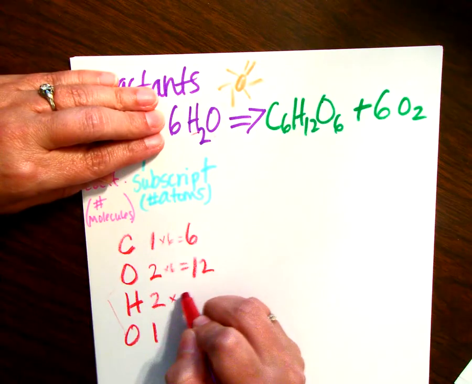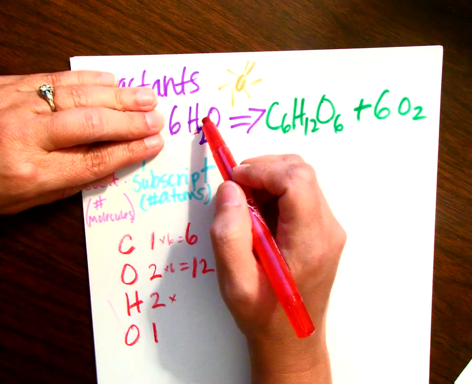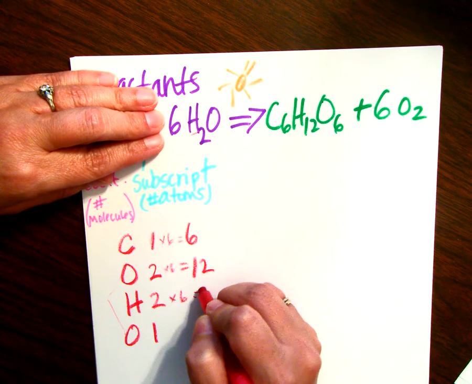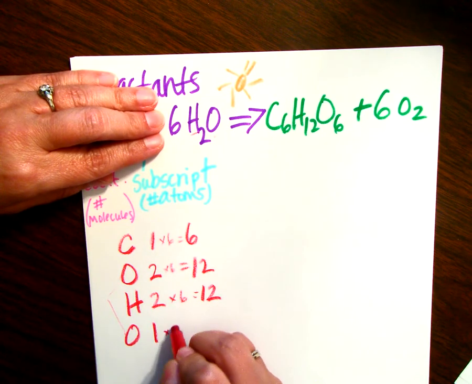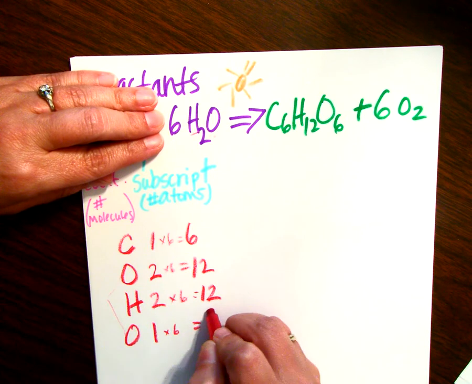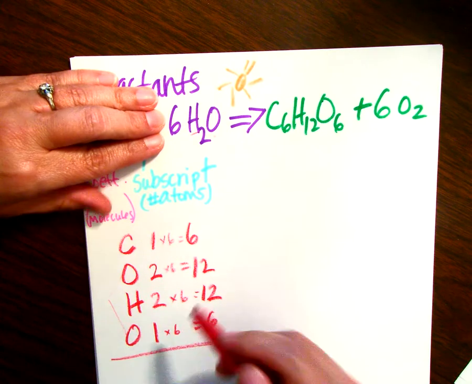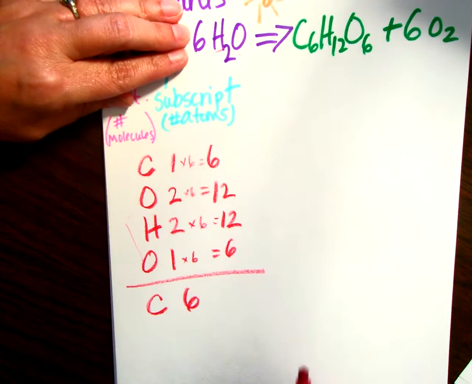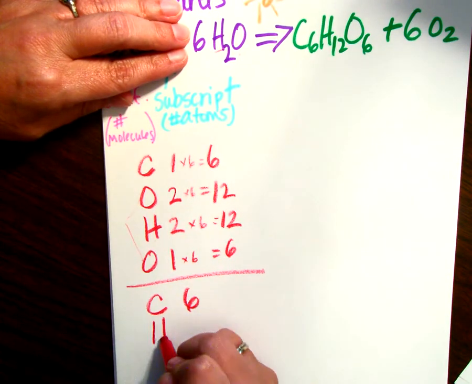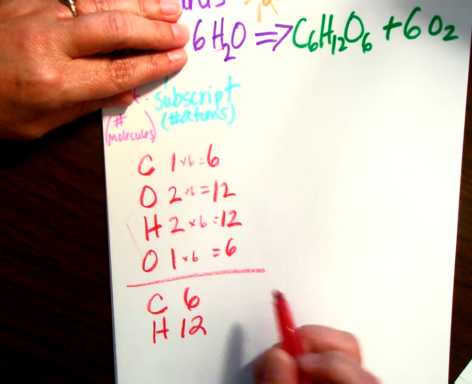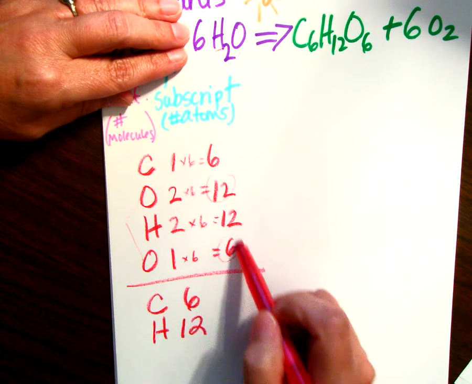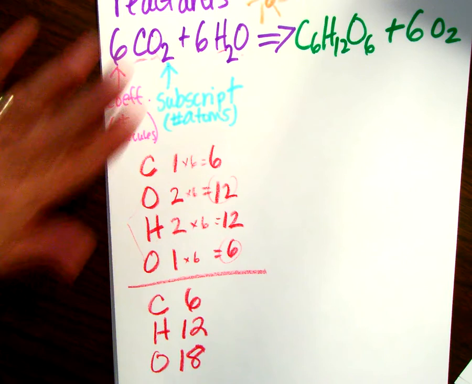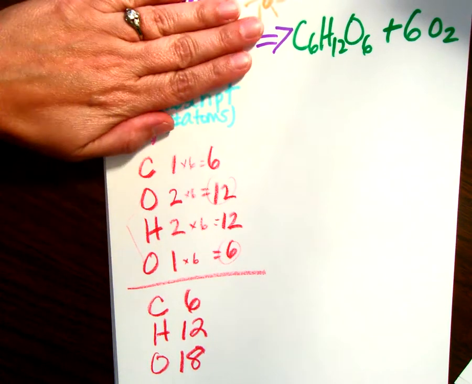Okay, so multiply by 6 because we're talking about 6 molecules here. 6 times 2 is 12. 6 times 1 is 6. So let's simplify this. We have 6 carbon atoms. I'm going to do the hydrogen. We have 12 hydrogen. And then we're going to add these 2 together for the oxygen. We have 18 oxygen. That's how many atoms we're starting out with before the process.